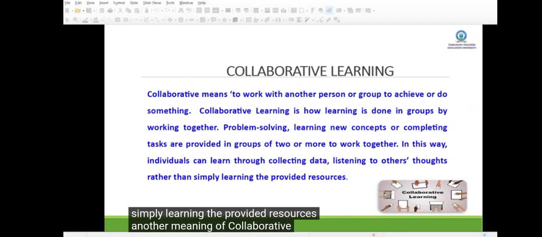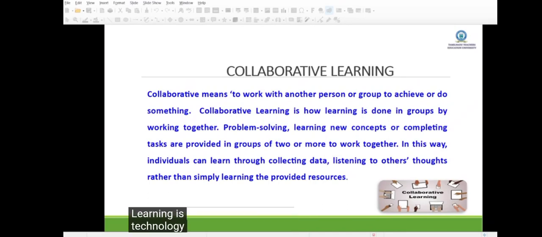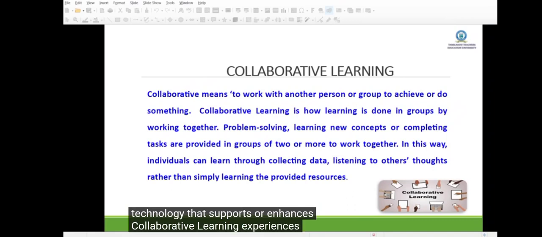Another meaning of collaborative learning is technology that supports or enhances collaborative learning experiences. This type of technology can include collaborative software, online forums, social media, and virtual classrooms. It is used to facilitate online collaboration between students, allowing them to work on projects together and share documents in real time.